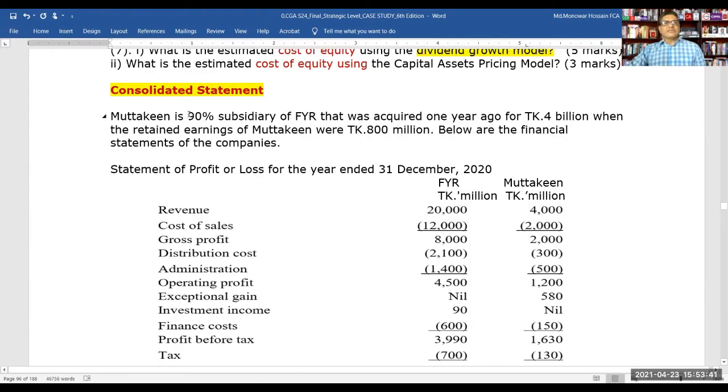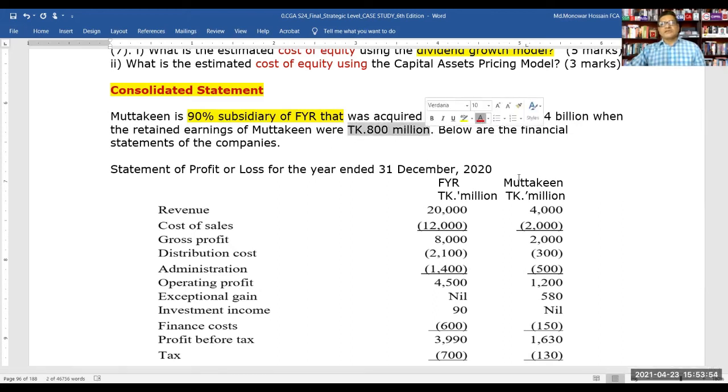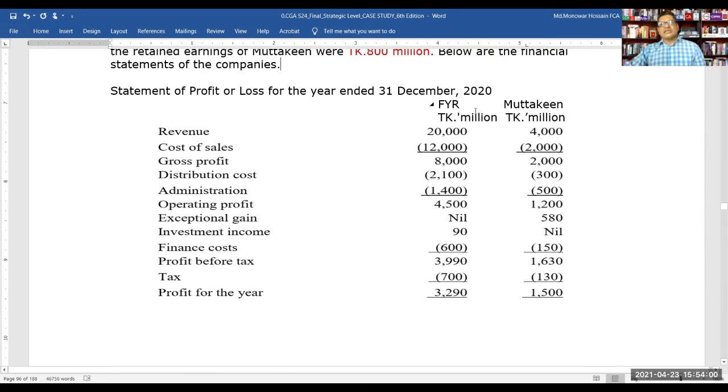Muttaqin is a 90% subsidiary of FY Limited. It was acquired one year ago for 4 billion, when the retained earnings of Muttaqin were 800 million. Below are the financial statements of the companies. FY is the parent company and Muttaqin is the subsidiary company.